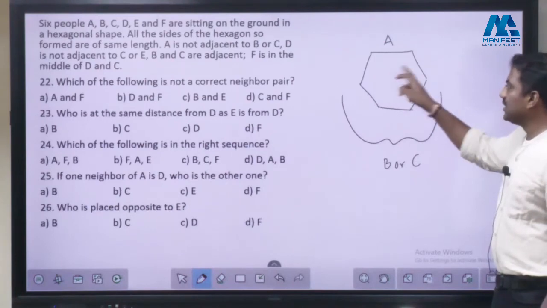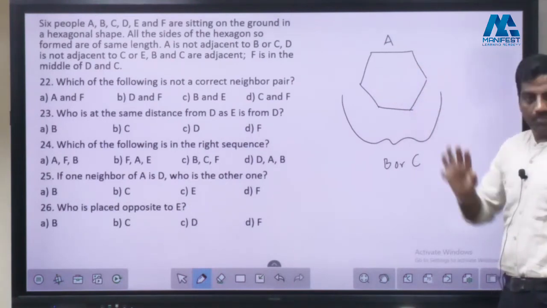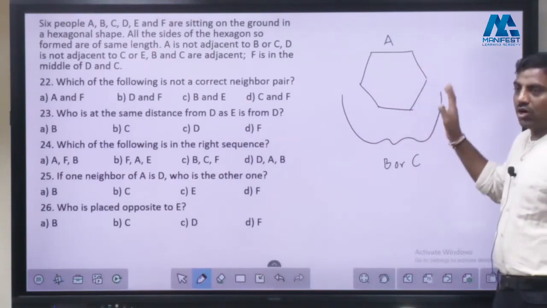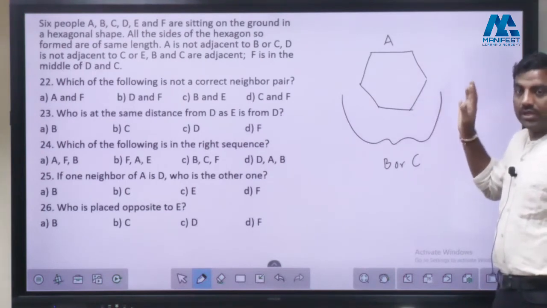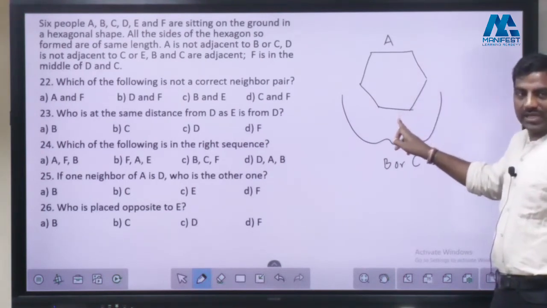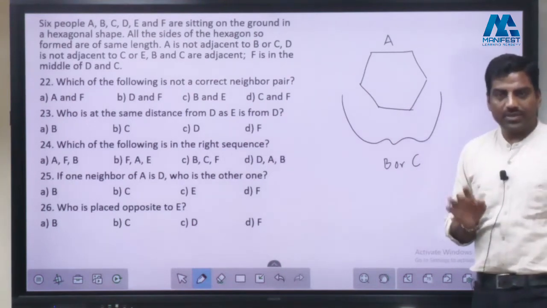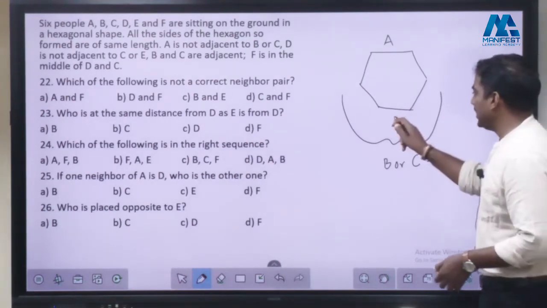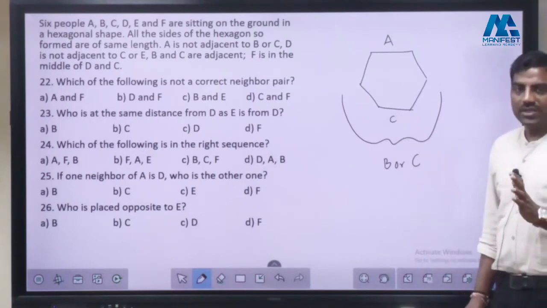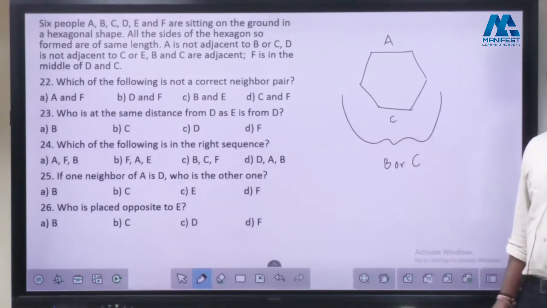We will be left with these 2 places. There B will go. But we should not fill B here. So C's position has to be in the bottom. Is that fine? We are correct with that aspect. So C has to be in the bottom. Yes or no? This is done.